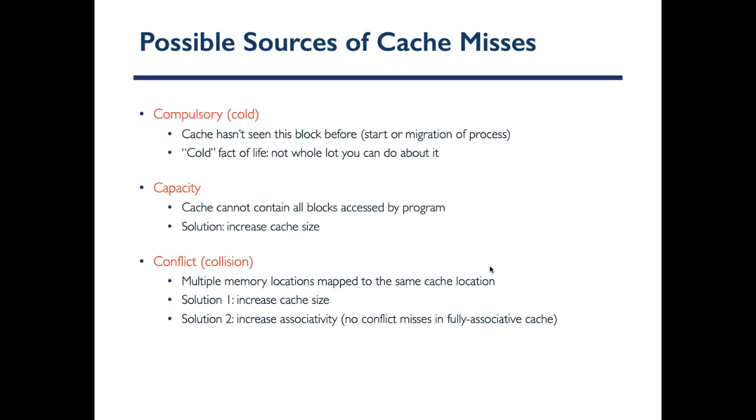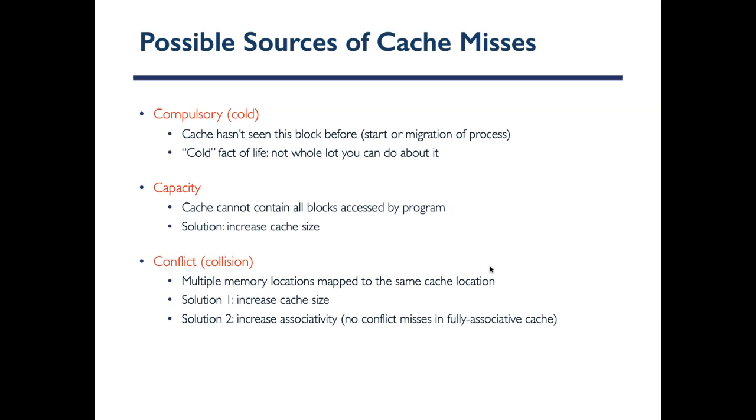They wouldn't necessarily evict each other, unless you're accessing, let's say, 8 blocks, and you have a 4-way set associative cache, and all those blocks are mapped to the same set. Then you have 4 blocks inside your set, and you're accessing 8 blocks, so they're going to compete, and they're going to evict each other.